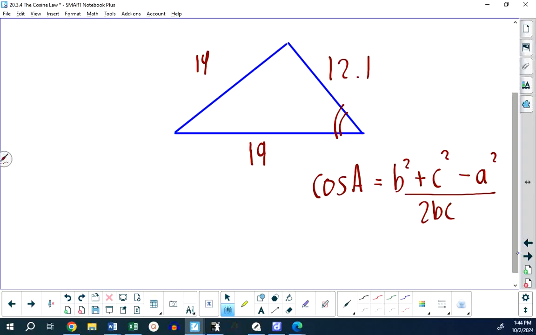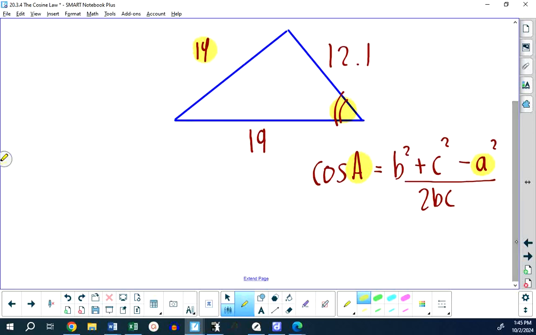Now, there's no ABC here, but all that is important is the angle you were trying to find is across from the oddball side, which means this side that is treated differently in the formula must be the 14 that's across from the angle we're trying to find.